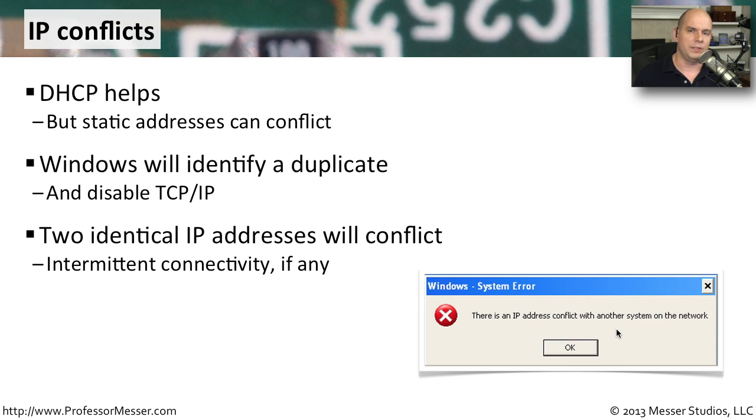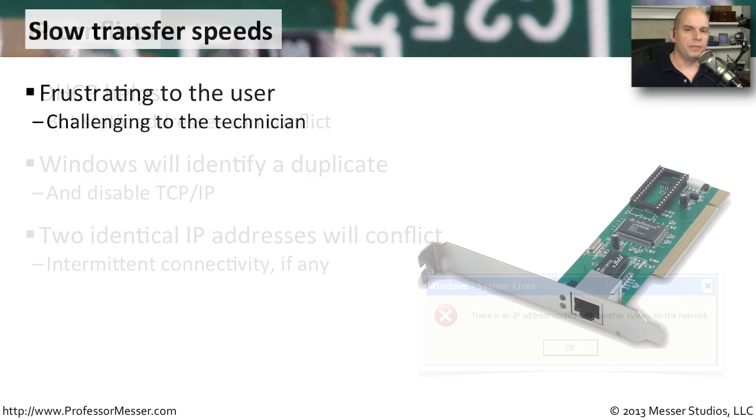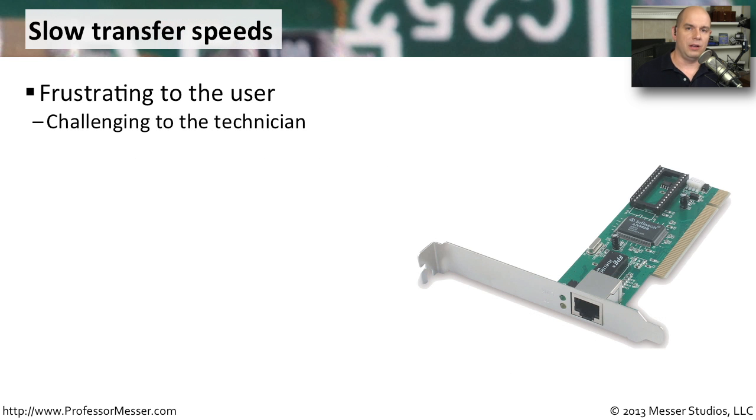You have some connectivity from some devices and you have no connectivity from others. So if that's the case, make sure you don't have any duplicate IP addresses. Remove one of those devices from the network, reconfigure the IP address, and make sure that everybody is using a unique IP.